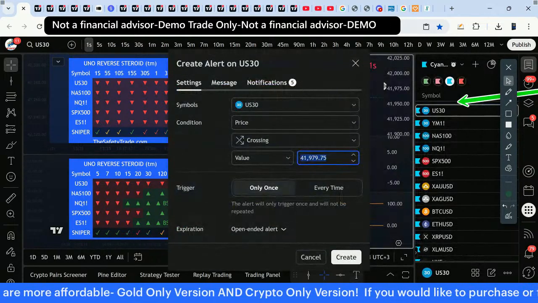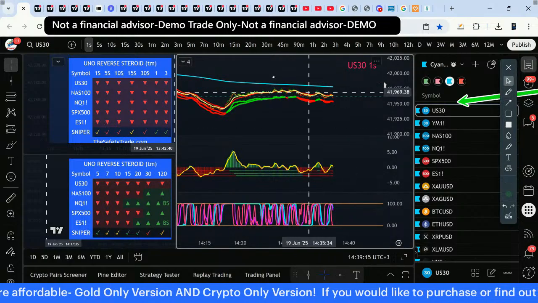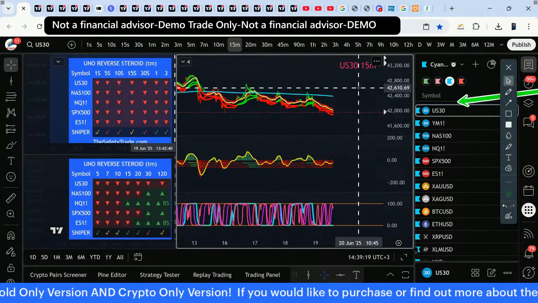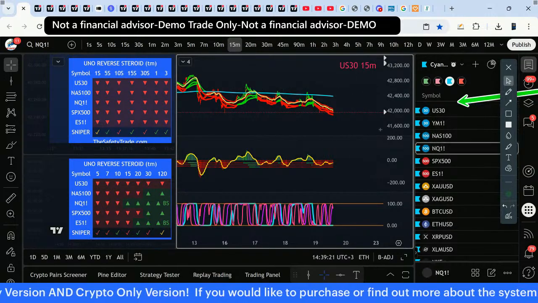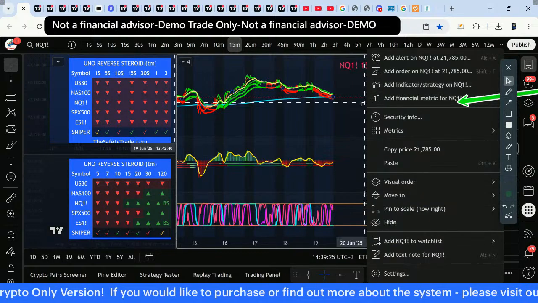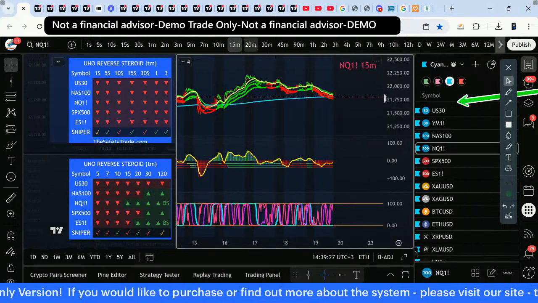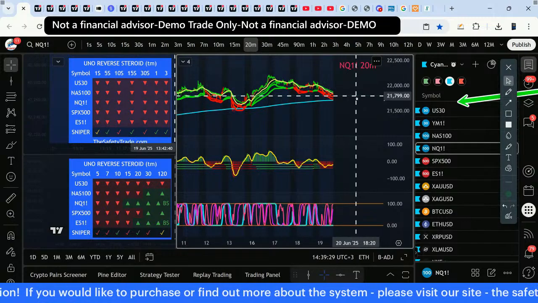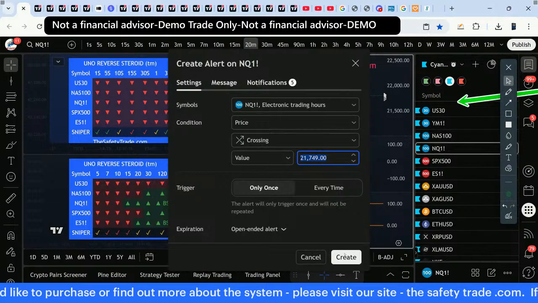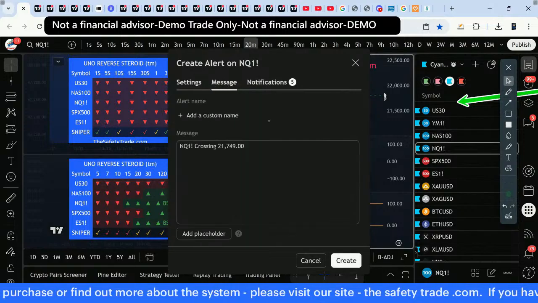These are just alerts. All right, and we also have in store for us 15-minute sell stops to the blue line for NQ1. I mean, it's right there. I'm just going to skip to the 20-minute sell stop. Boom. I put in there.